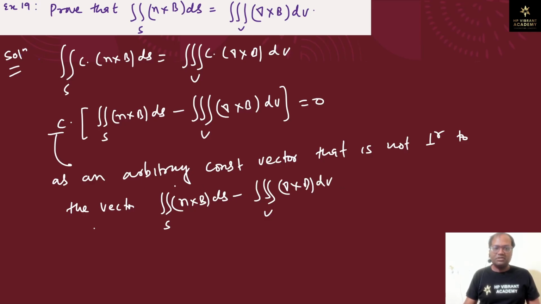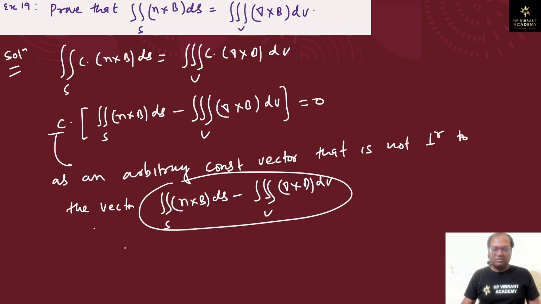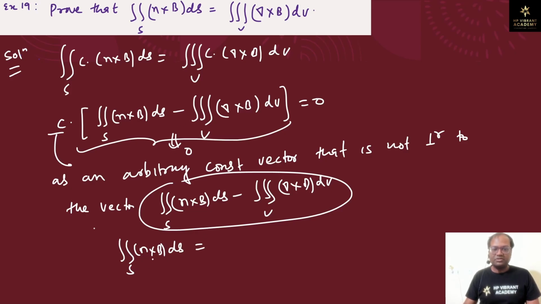Since c is not perpendicular to this particular vector, we can say that this vector is equal to the zero vector. That is, surface integral n cross b dS minus volume integral del cross b dV is 0, which means surface integral n cross b dS is equal to volume integral del cross b dV.